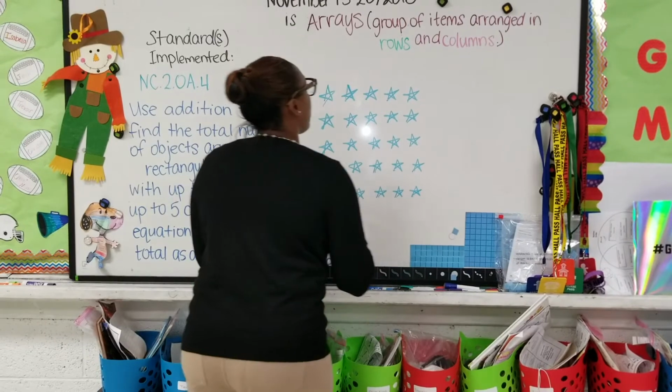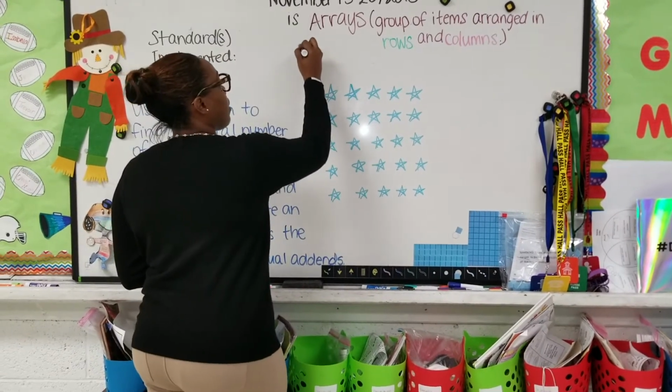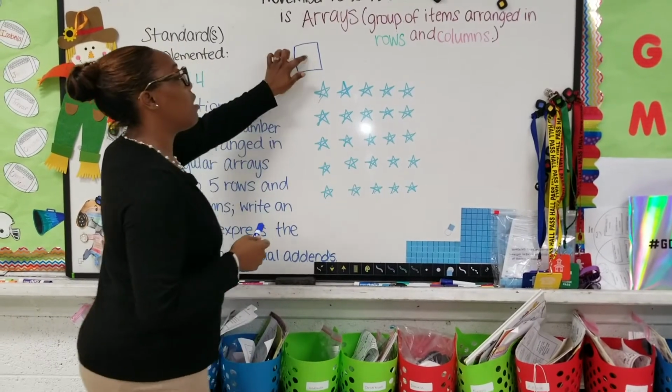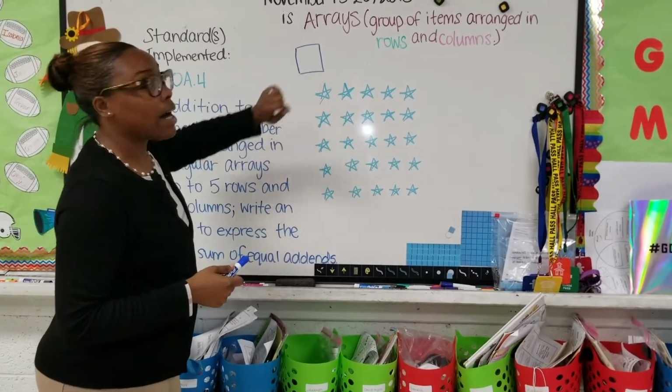At the top, I'm going to put a square, just so that when we're finished with our equation, we can put our sum of the total amount in the box.